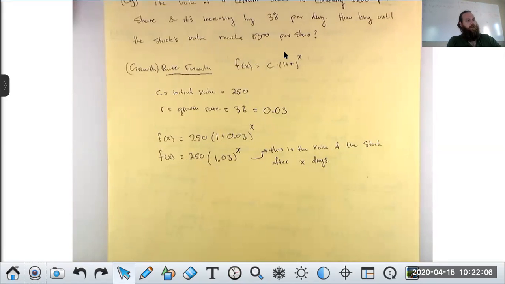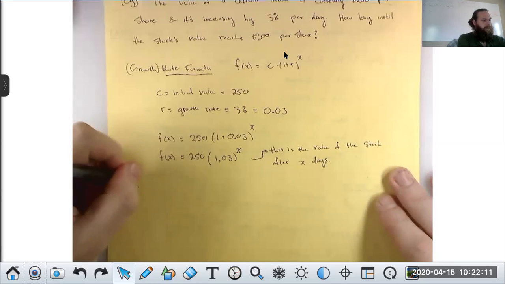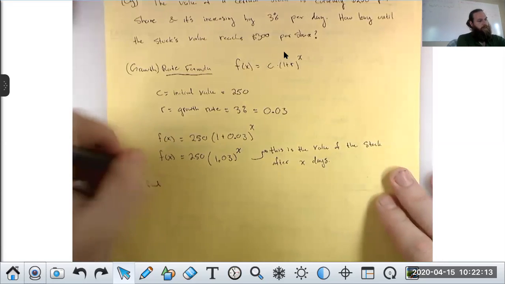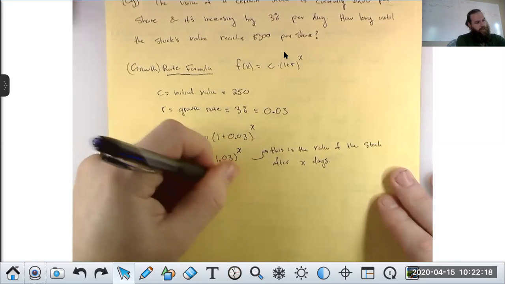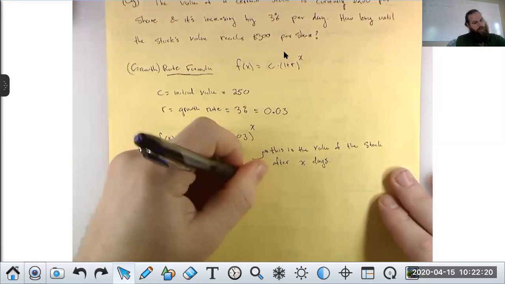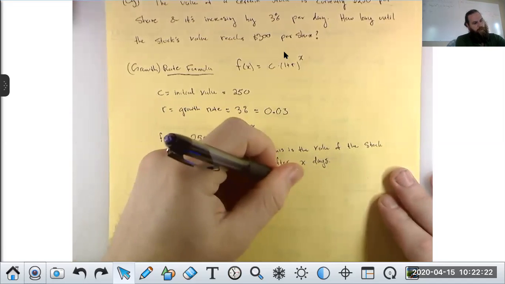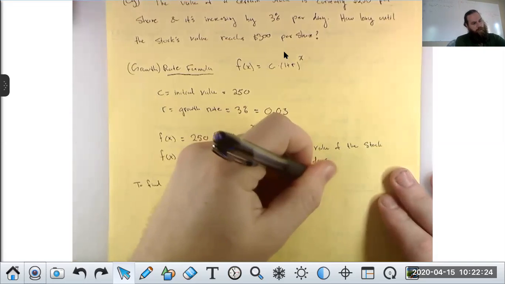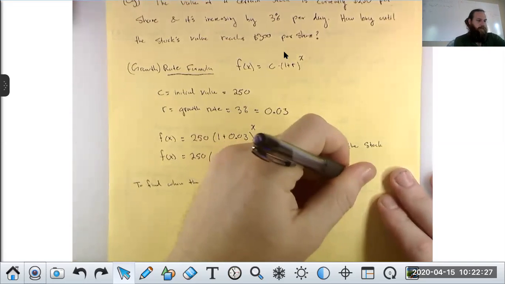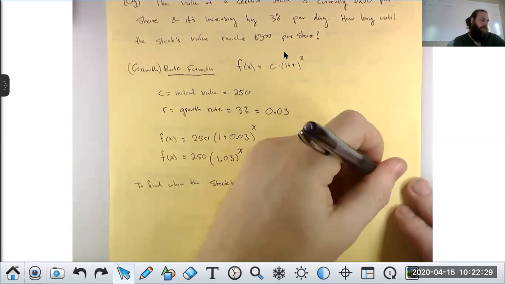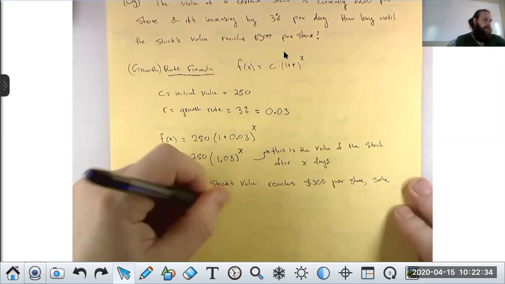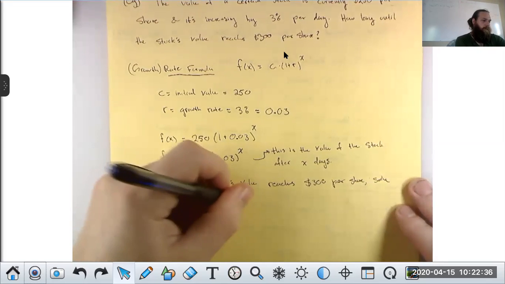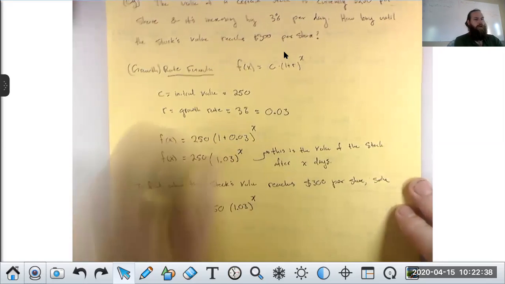I want to know when will that thing be equal to 300. So I need to solve the equation 300 equals 250 times 1.03 to the x.